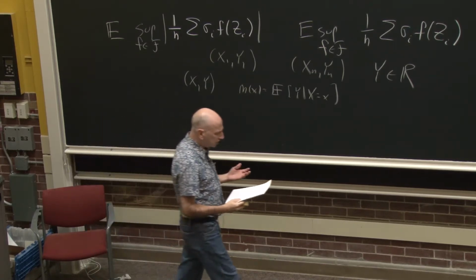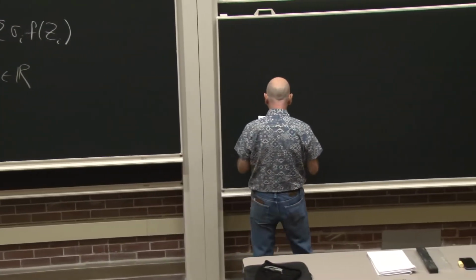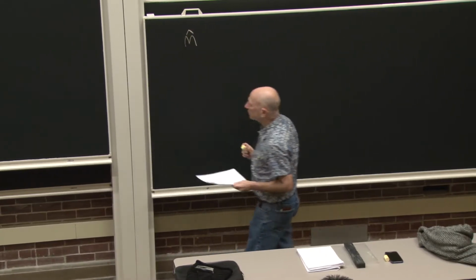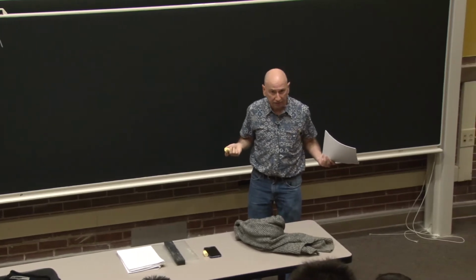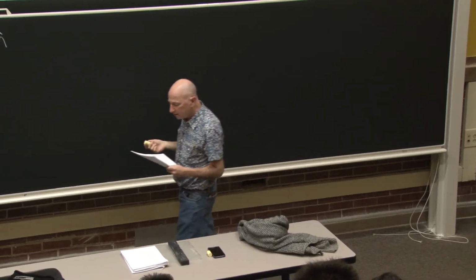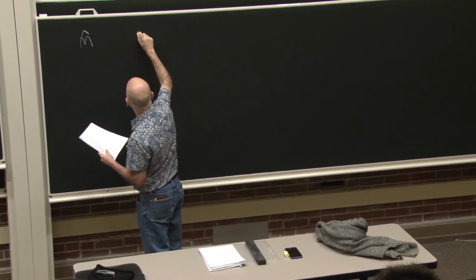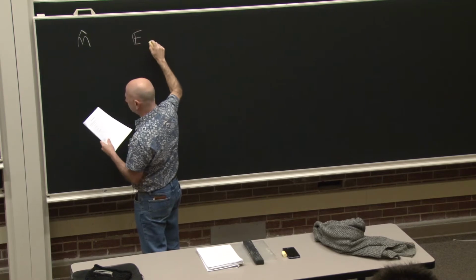Some terminology. The prediction error. Actually, there's a couple definitions of prediction error. So here's m hat, which is going to be some regression function or some predictor you're going to create from the data, from the training data. And just to distinguish these two things, there's the prediction error you would make on a new data point.